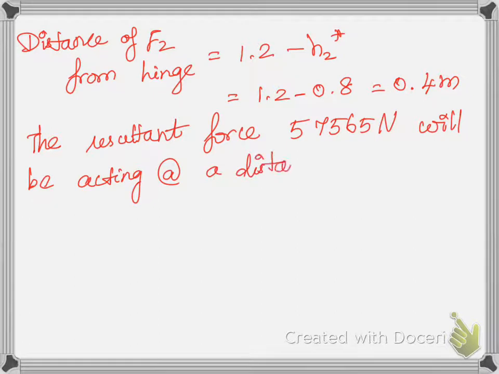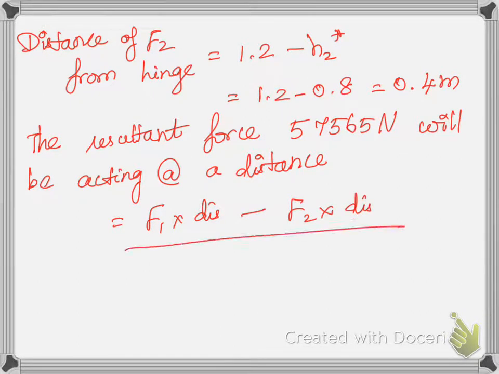We have to determine this distance, which is very simple. So F1 into the distance it is acting, minus F2 into its distance from the hinge, divided by the resultant force.